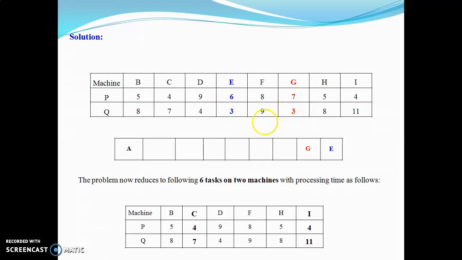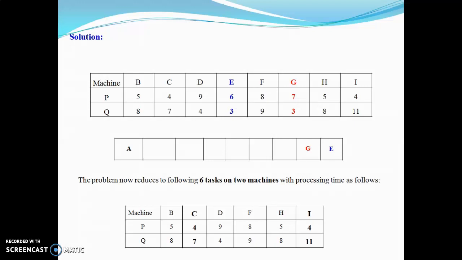Now, the corresponding processing time of E on machine P is 6, which is less than the corresponding processing time of G on machine P. Therefore, task E will be processed last and task G next to last.